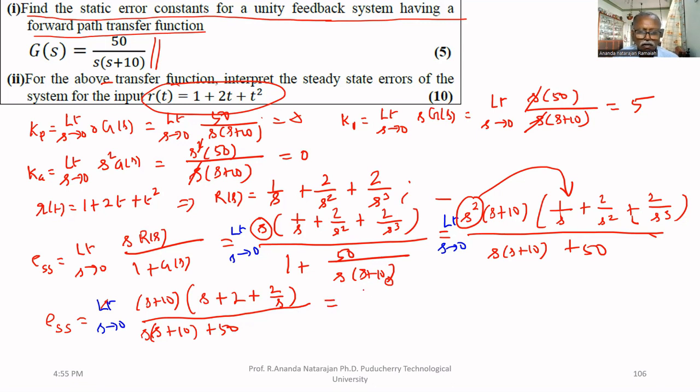If you apply s tends to 0, you will get 10 here. Here 2 plus infinity divided by 0 plus 50. That is equal to infinity. Therefore, steady state error is infinity, unstable system.